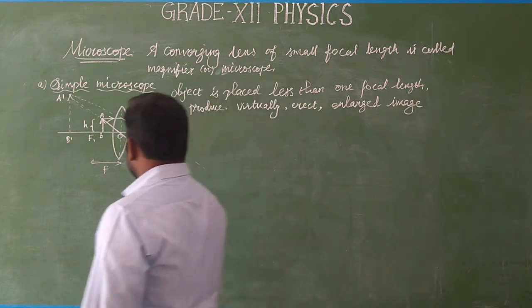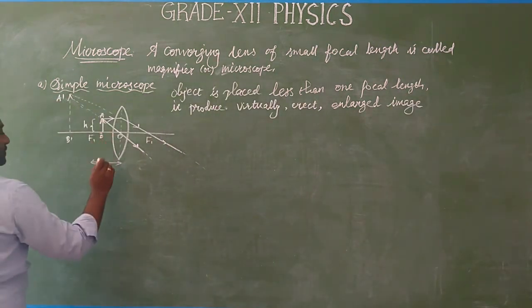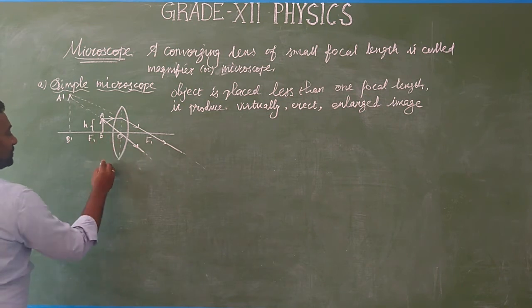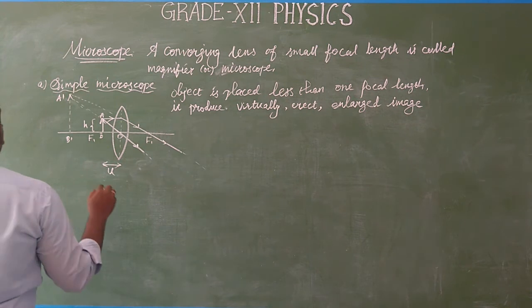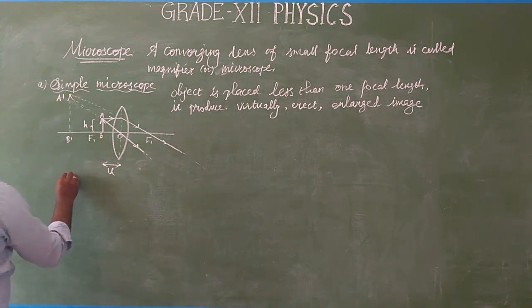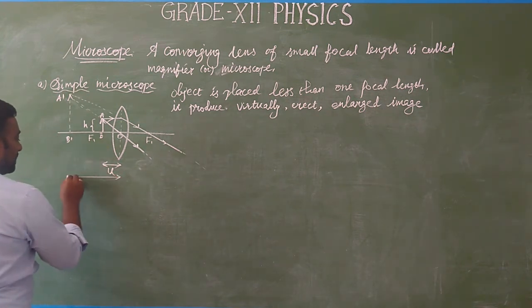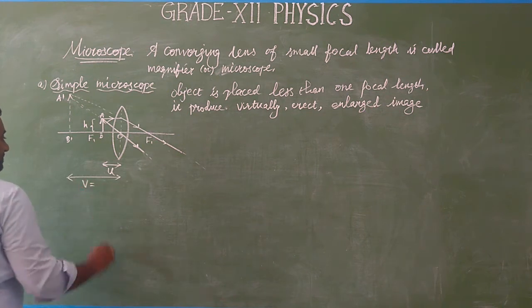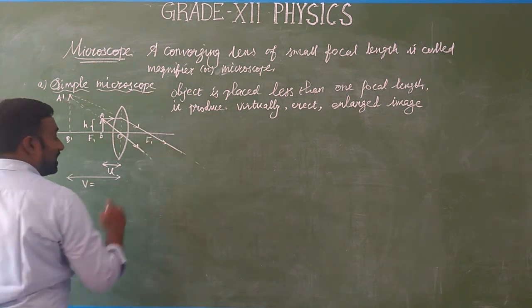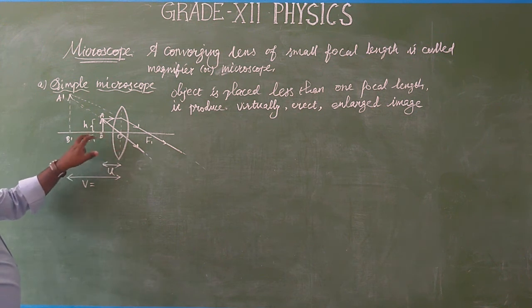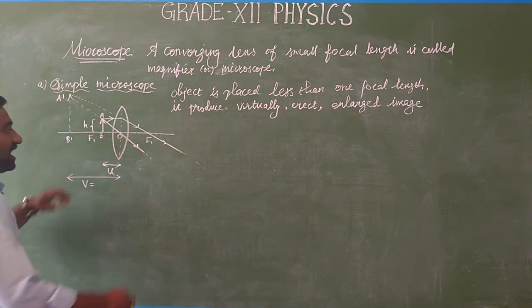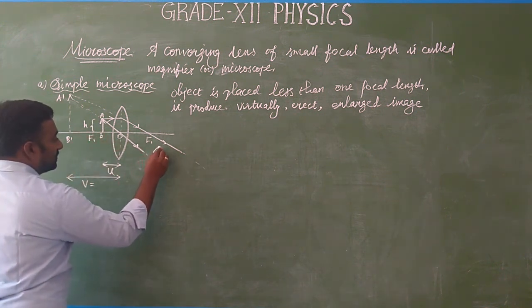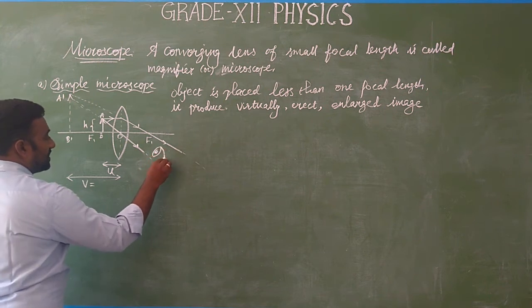The distance between the object and the center of the lens is called the object distance. Whereas the final image is obtained, that is also on the left hand side. So this is where the final image is obtained. For that, already I said, in this case, the object is placed less than the focal length and the eye must be kept here. Here we must position our eye.